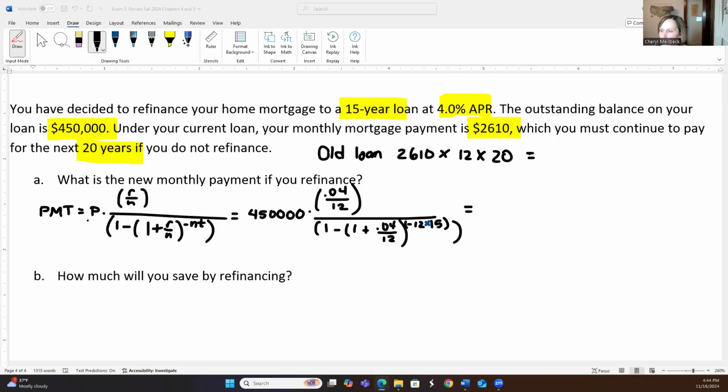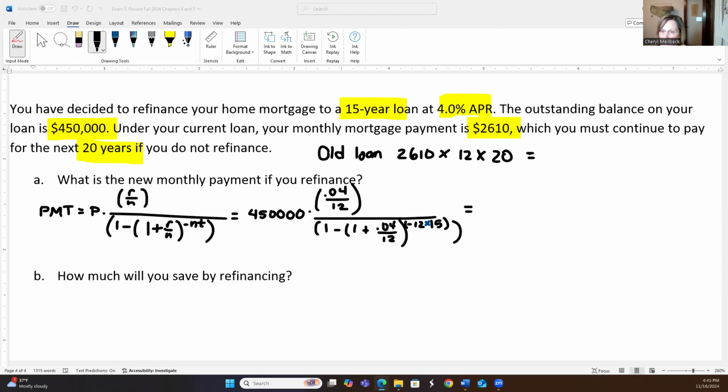So here you can see we have that formula for payment, and we substituted our values in here. So the present value is $450,000. The interest rate divided by 12 because they're monthly payments. And in our denominator, we had 1 minus, and then this part, 1 plus 0.04 divided by 12. That part alone was taken to the negative 12 times 15.